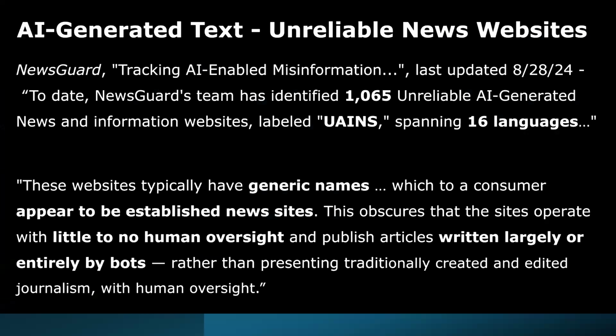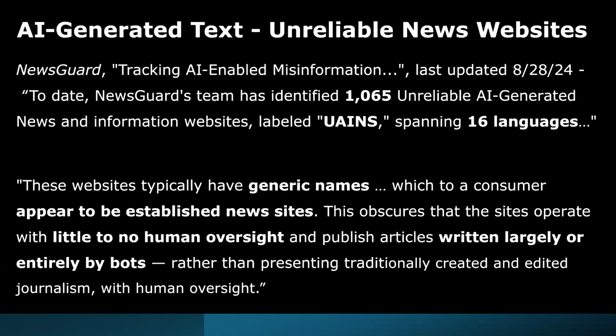An online report from news and information evaluation service NewsGuard, last updated on August 28, 2024, noted the increasing number of fraudulent news websites made using AI-generated text.